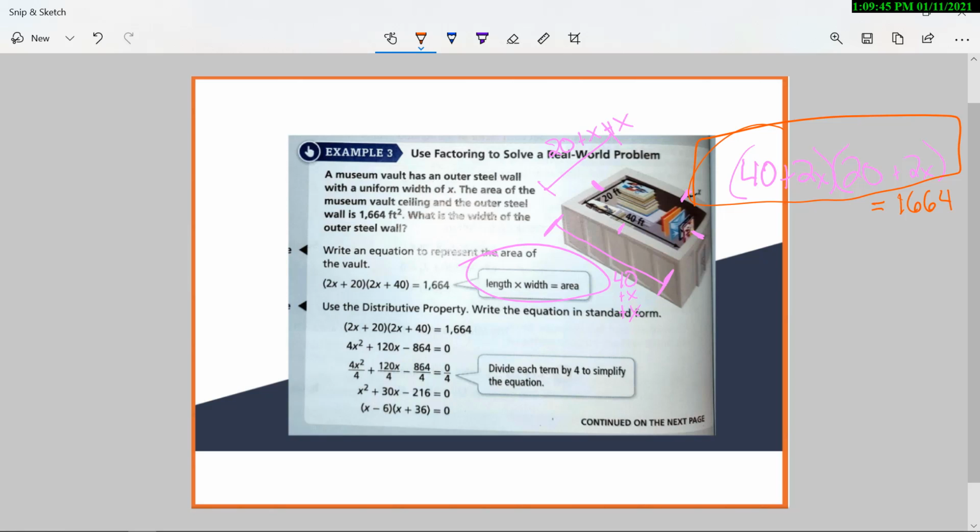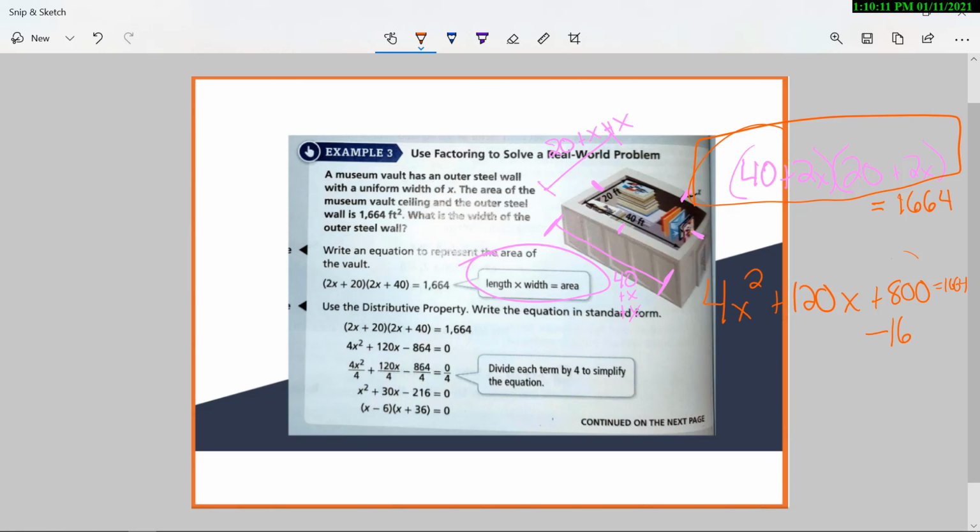When we multiply it out, 4x squared plus 120x plus 800 equals 1664.